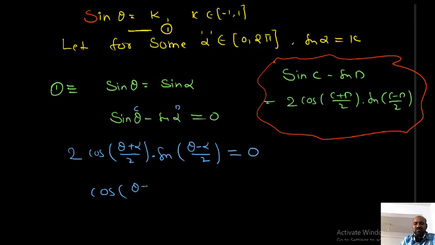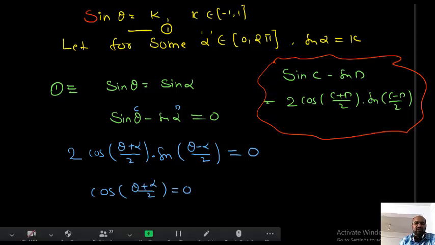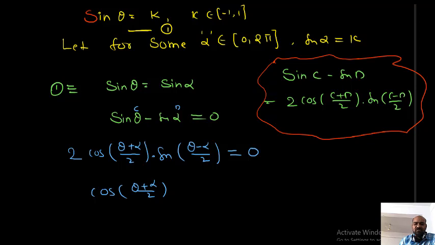In other words, what I can say? Cos of (theta plus alpha) by 2 equal to 0. Okay, wait, I will explain clearly. 1 minute. Into sin of (theta minus alpha) by 2 equal to 0. Because 2xy equal to 0 means what happened? xy equal to 0 only, 2 is never 0.